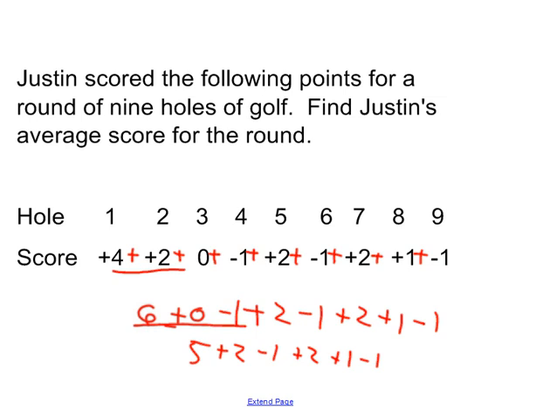So 5 plus 2 is 7, minus 1 becomes 6, plus 2, plus 1, minus 1. 6 plus 2 is 8, plus 1 would be 9, minus 1 would be 8. And I need to divide that by the 9 holes, and I find out it is just under 1 per hole.